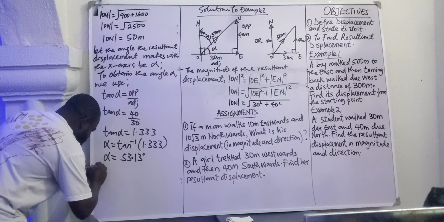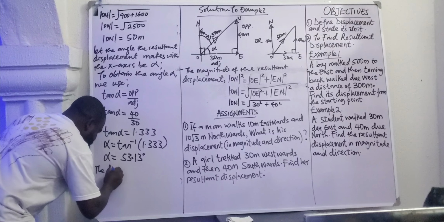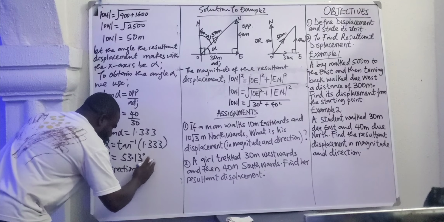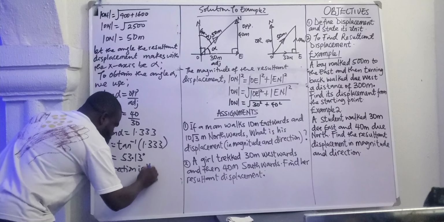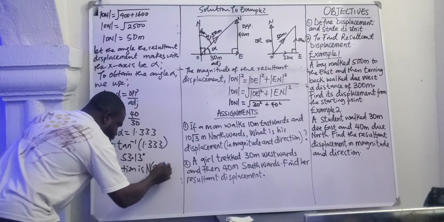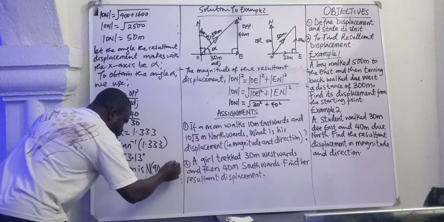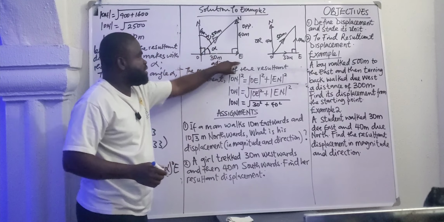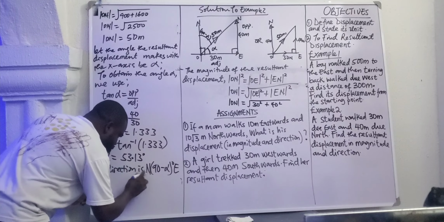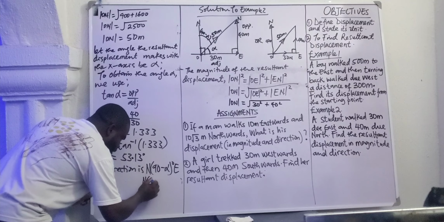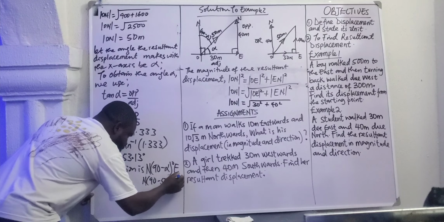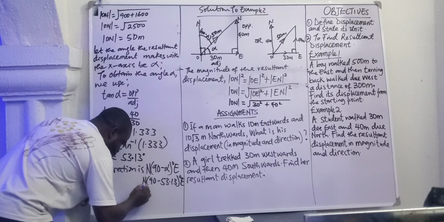So that is what I will use to get my direction. I will say the required direction is north 90 minus alpha degrees east. So that will give us north 90 minus 53.13 degrees east.